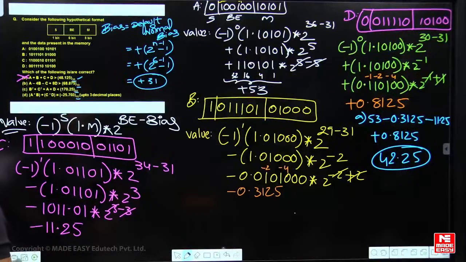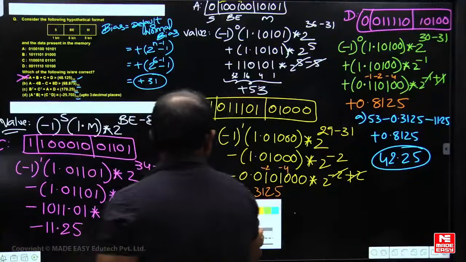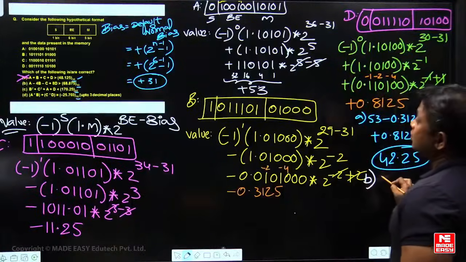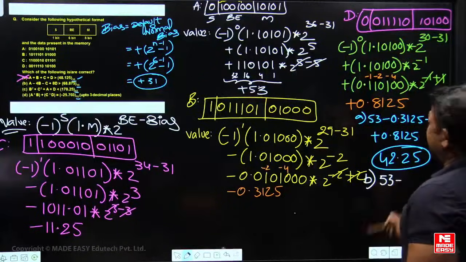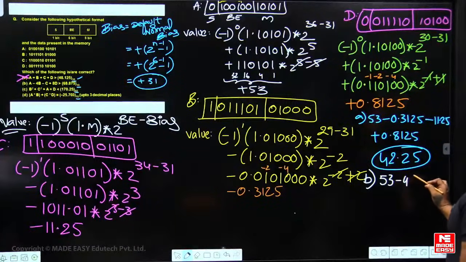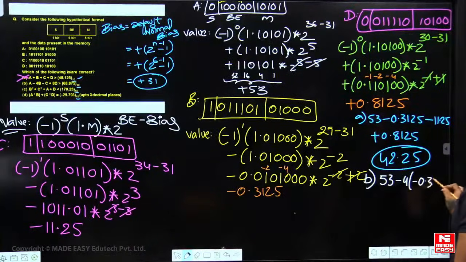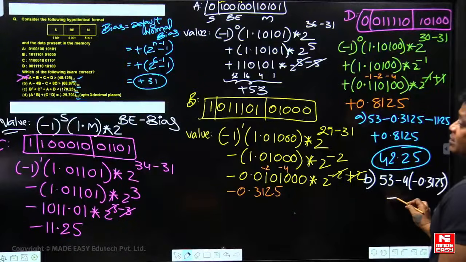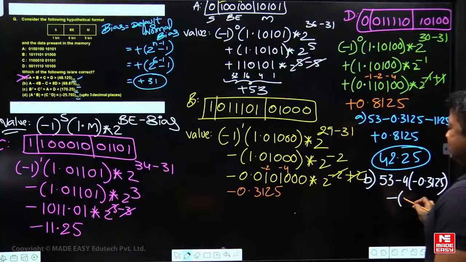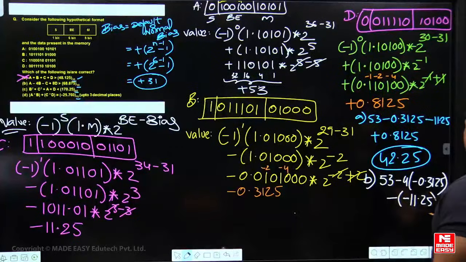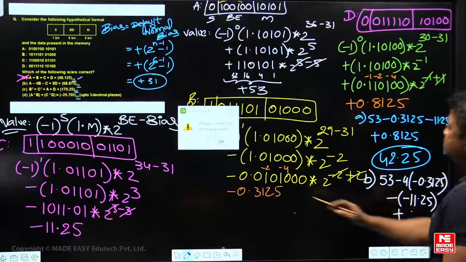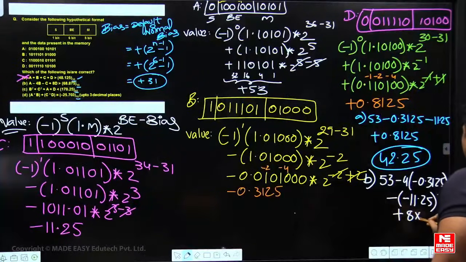Then 4A minus 4B minus C plus 8 into D greater than 68.875. So 53 minus 4 into minus 0.3125, minus C, minus 11.25, plus 8 into 0.8125. What is this?